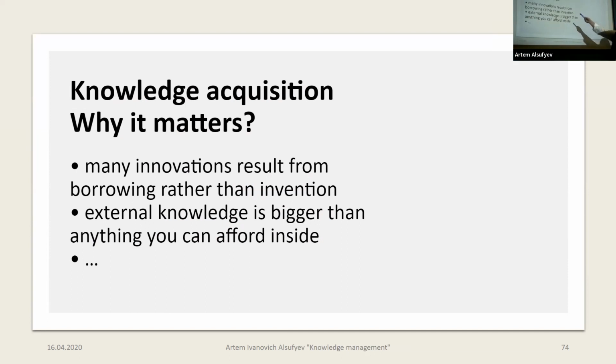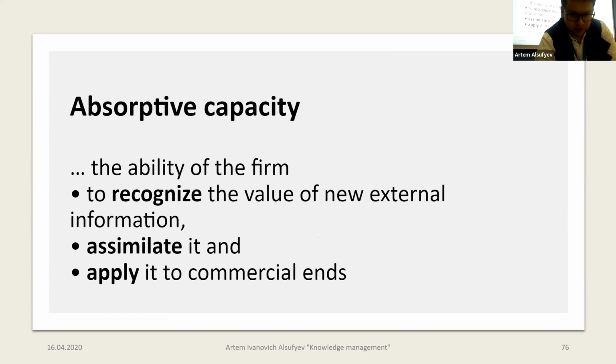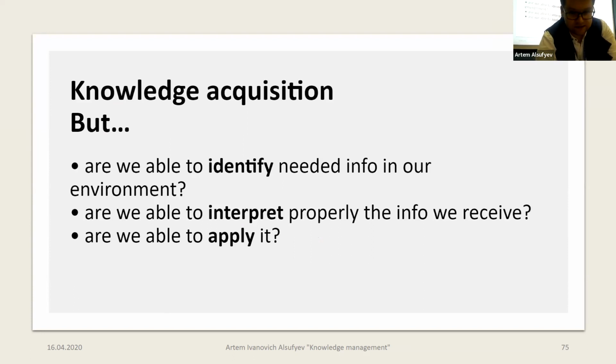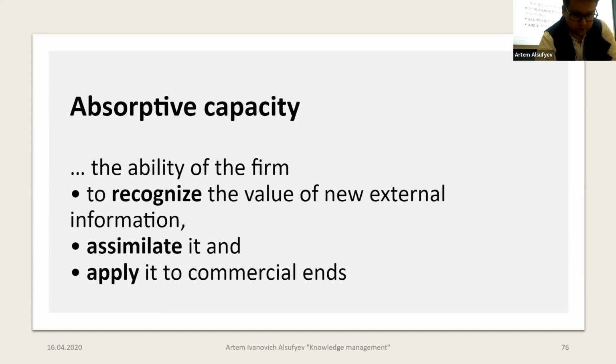95.5%, yes, indeed. The majority of innovations happening in organizational settings are from acquisition. External knowledge is bigger. Obviously, no need to reinvent the wheel. But you need to identify this knowledge. It's not that simple, and you need to interpret it. So absorptive capacity is the ability of the firm to recognize, assimilate, and apply. And these are basically three.